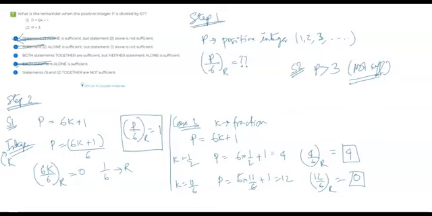Now when I combine, I'll try and see if I'm getting a unique answer or two different answers. Now notice I have two cases here where p is greater than 3. And in these two cases, I'm getting two different answers. In one case, I got p equal to 4, and the remainder as 4. And in the other case, I got the remainder as 0.